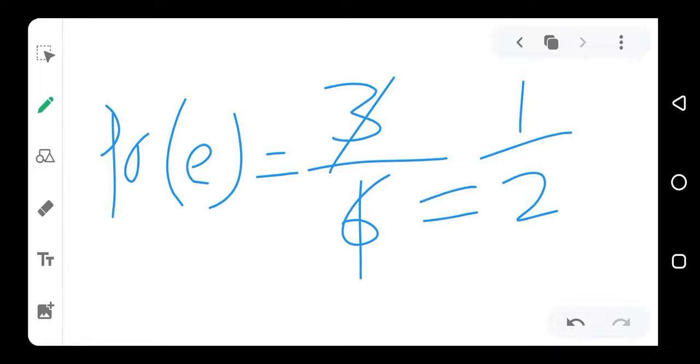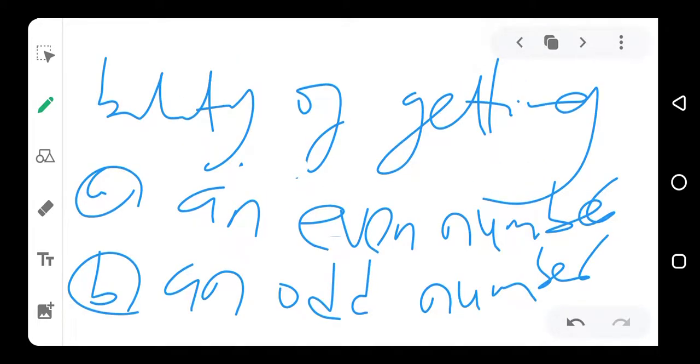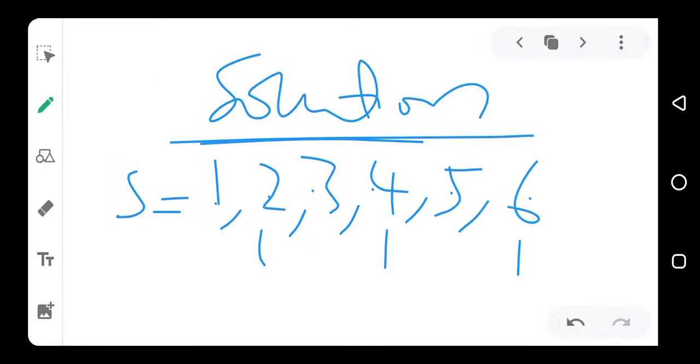Now, to answer question B, an odd number, we come to the sample space again. We look for the odd numbers, that is, the numbers that cannot be divided by 2 without a remainder. 1 cannot be divided by 2 without a remainder. 3 cannot be divided by 2 without a decimal point, and 5 cannot be divided by 2 without a decimal point. So these 3 numbers are odd numbers.